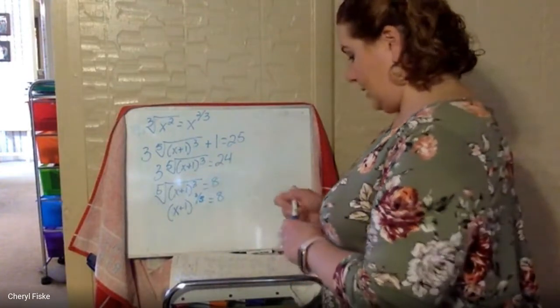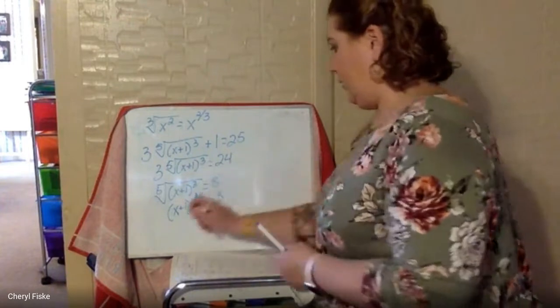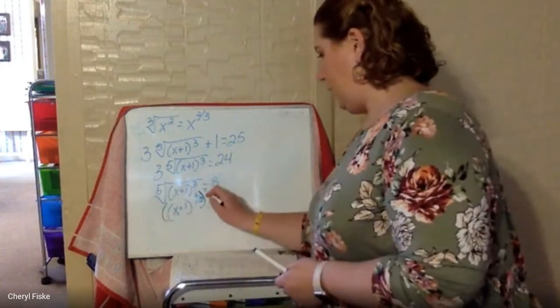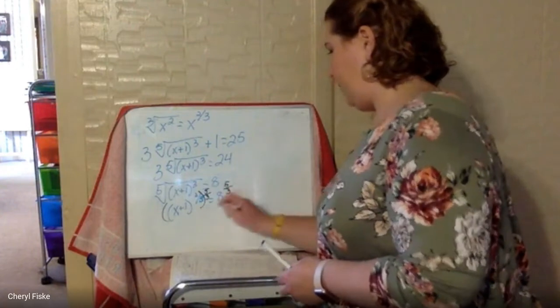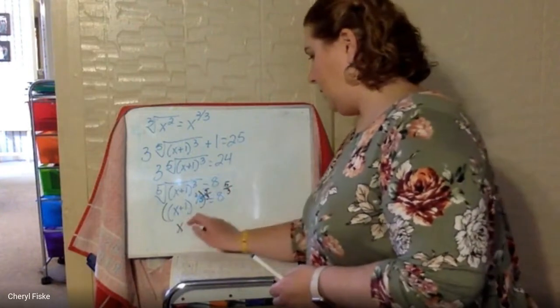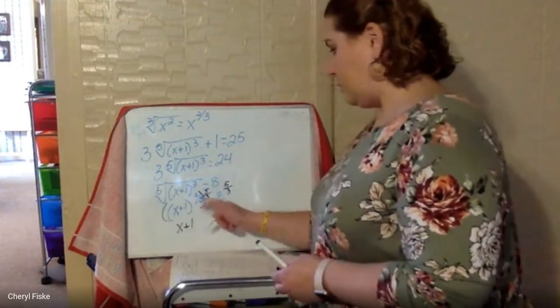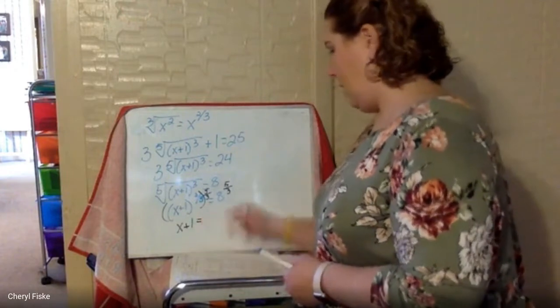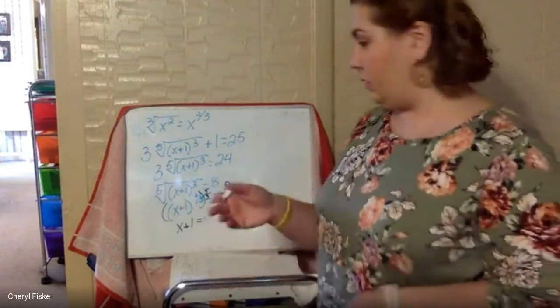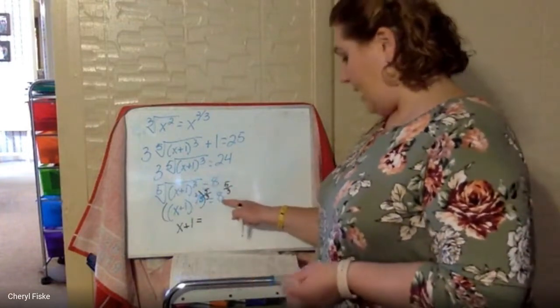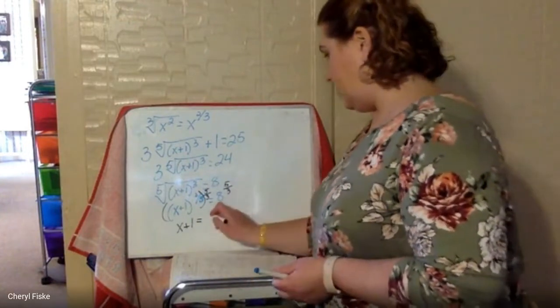You would raise it to the 5/3. We talked about this before. So raise it to the 5/3. So that's going to go away, leave you to the first power. So that's just x plus 1. 8 to the 5/3. You can put that in your calculator. You can do the cubed root of 8 is 2, and 2 to the 5th is 32.